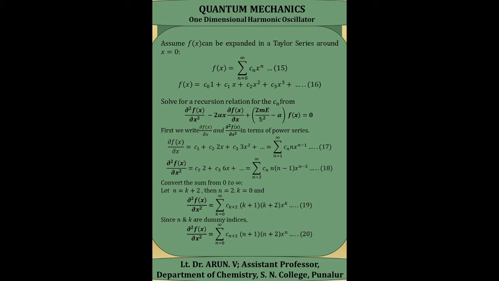Next, we use a mathematical method using the recursion relationship of the c n. We can solve this by substituting this value of f(x) in the Schrodinger wave equation. In order to solve this, first we write dou f by dou x and dou square f by dou x square in terms of the power series.